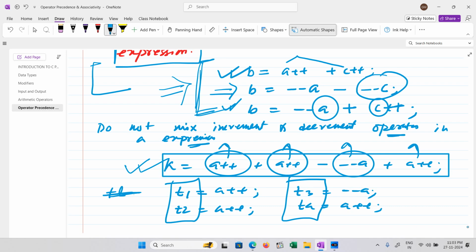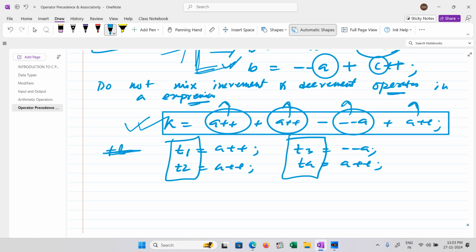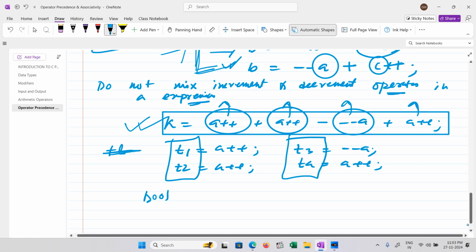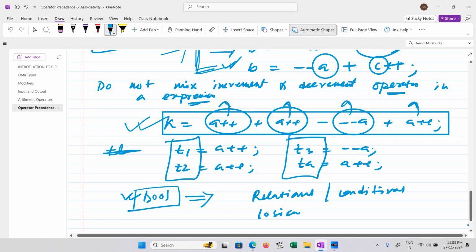Next topic we're going to discuss a different data type, that is bool. We'll discuss it in the next video, because without discussing this particular data type bool, I cannot discuss two other operators, that is relational, or conditional as we sometimes say, along with the logical operators. The next video will be very short, maximum 10 minutes.